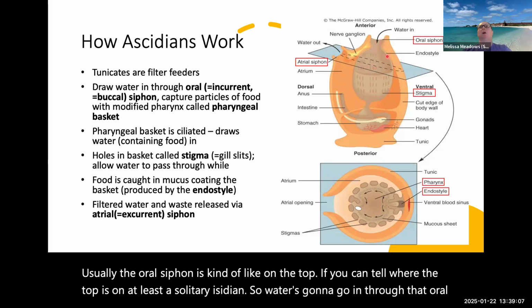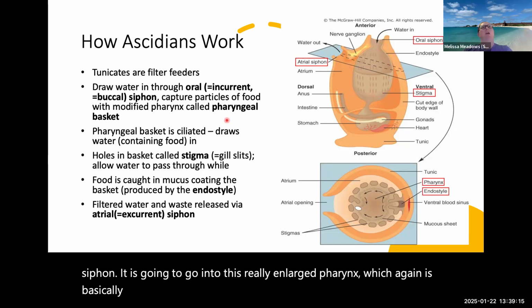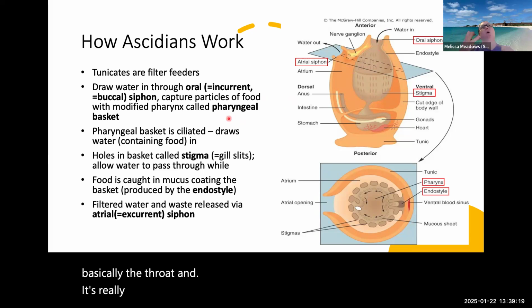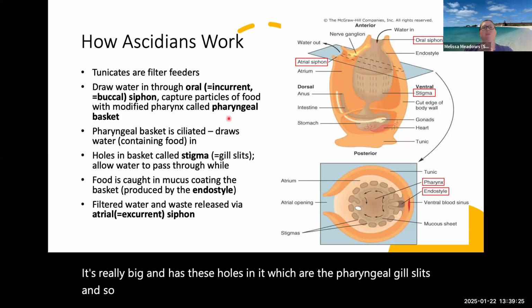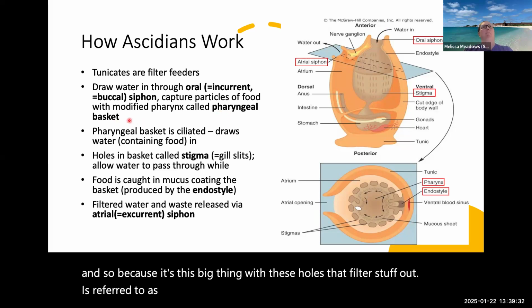It is going to go into this really enlarged pharynx, which again is basically the throat. And it's really big and has these holes in it, which are the pharyngeal gill slits. And because it's this big thing with these holes that filter stuff out, it's referred to as a pharyngeal basket.